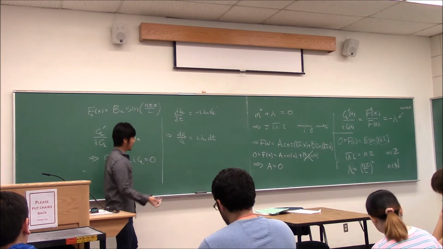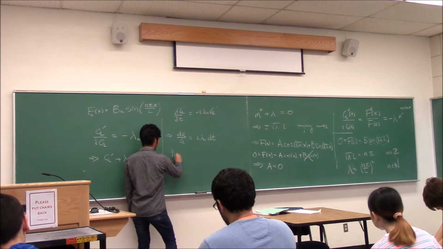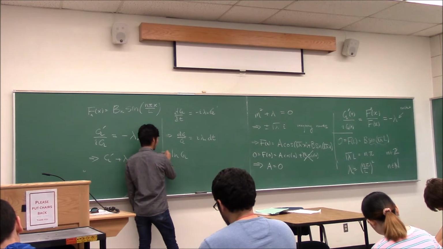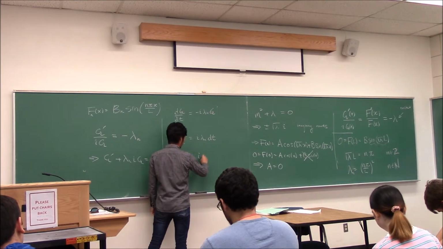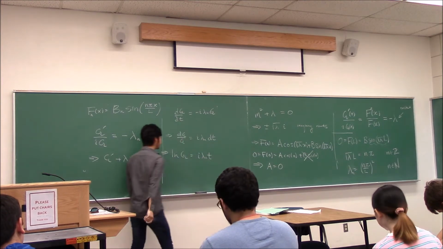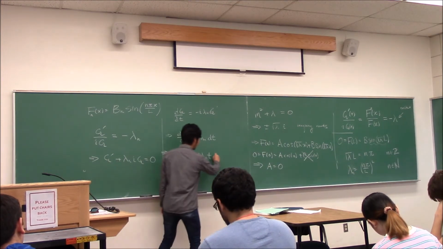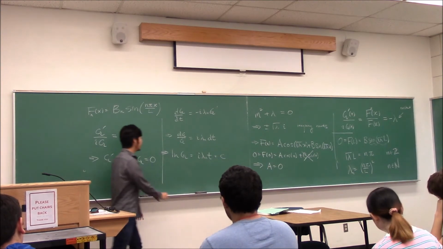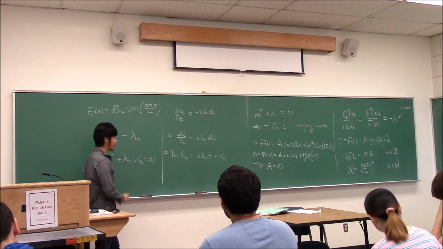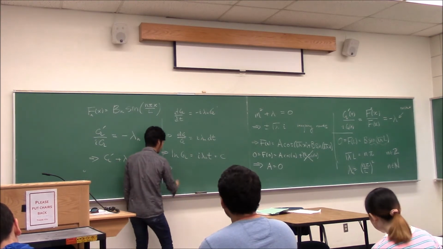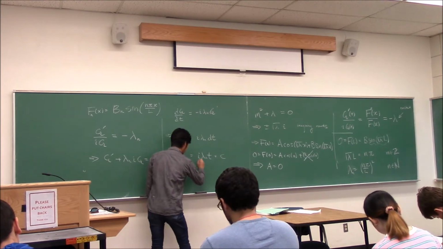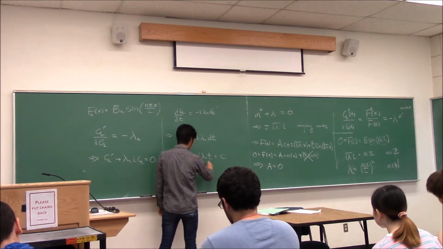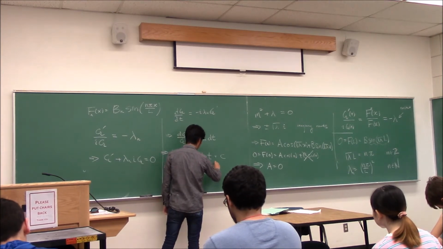So integrating both sides, we get natural log of g is equal to i lambda n times t plus some constant. And so if we exponentiate both sides, we get that g is equal to some constant times e to the i lambda n t.